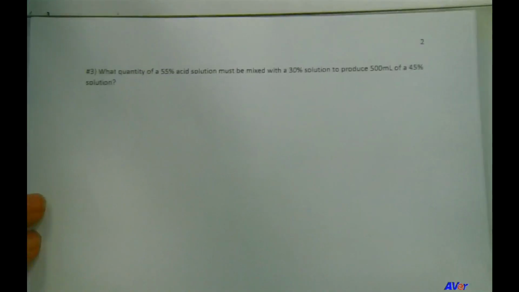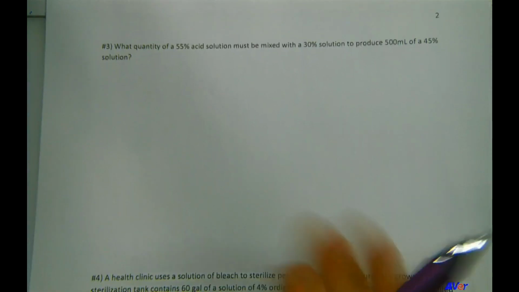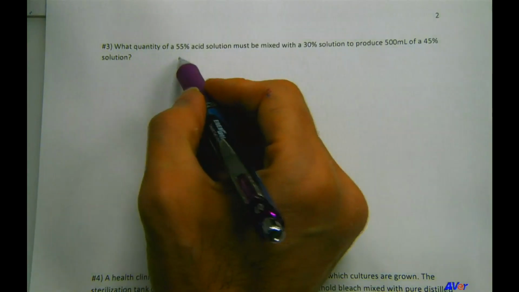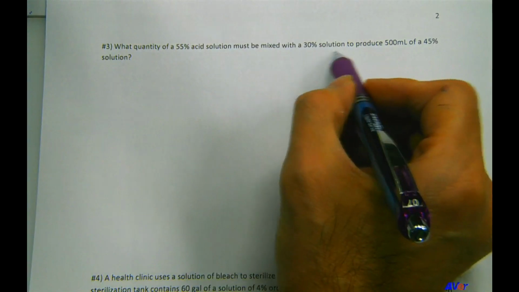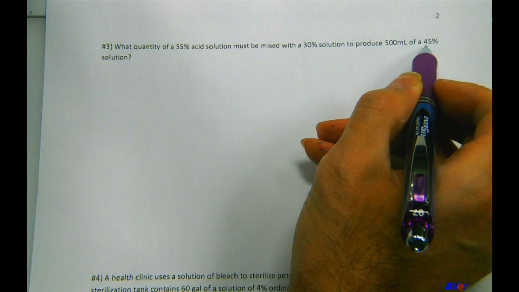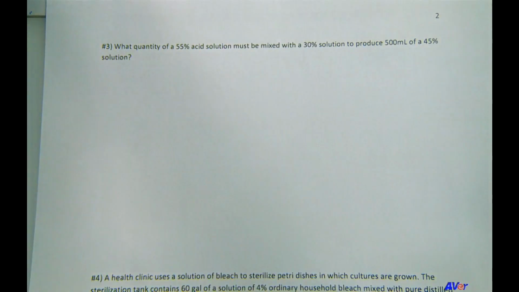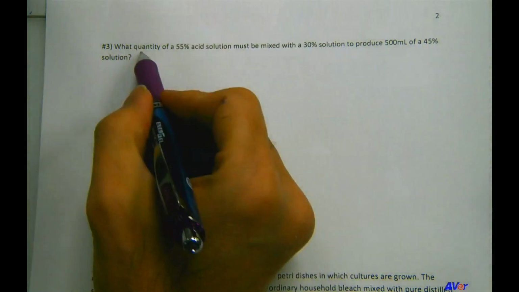Okay, so here, in this third problem, it says, what quantity of a 55% acid solution must be mixed with a 30% solution to produce 500 milliliter of a 45% solution? Okay, so here, it says what quantity.